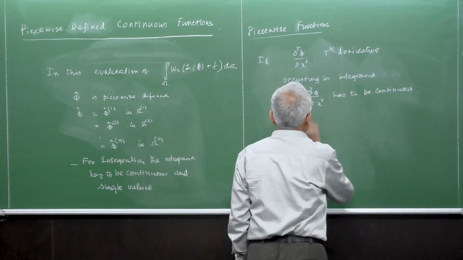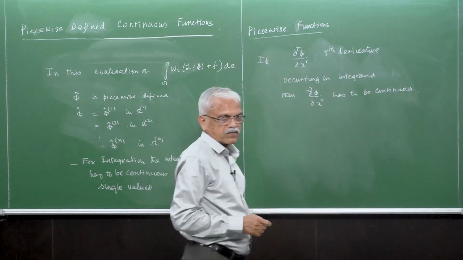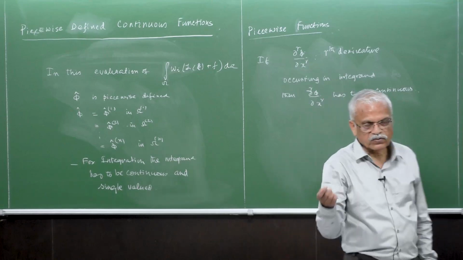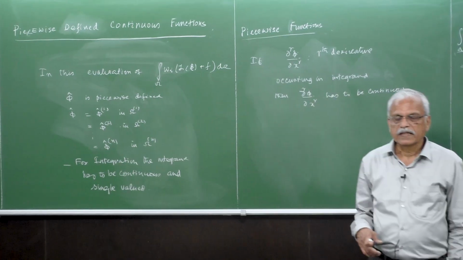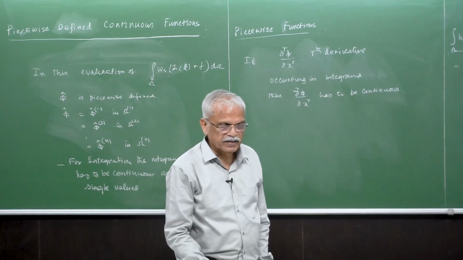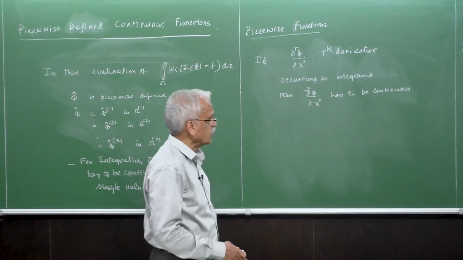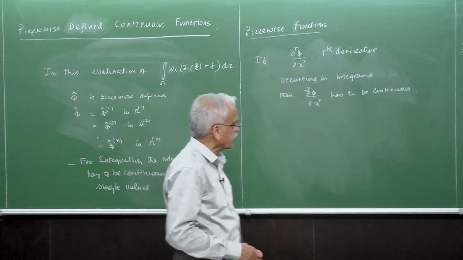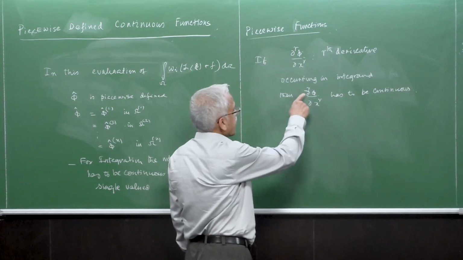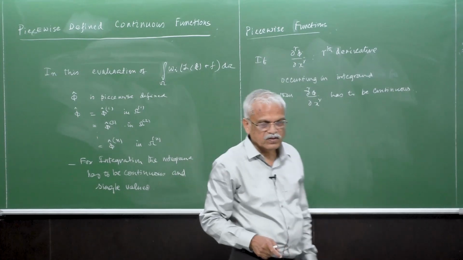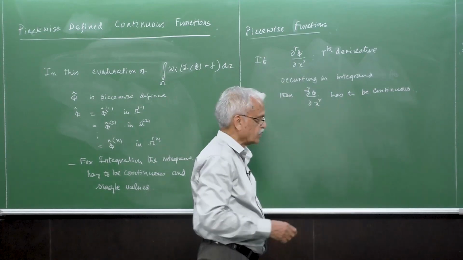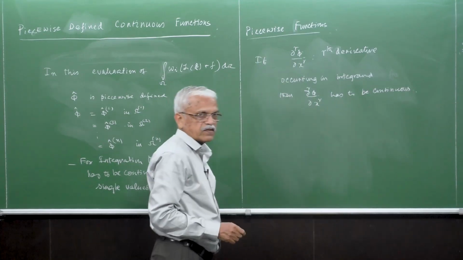Within the element domain, of course, they are continuous functions, so the derivative is no problem. The problem only comes at the element connection, that's at the nodes, at the element boundaries. If you have the rth derivative which is continuous, then that is called a C^r continuous function.